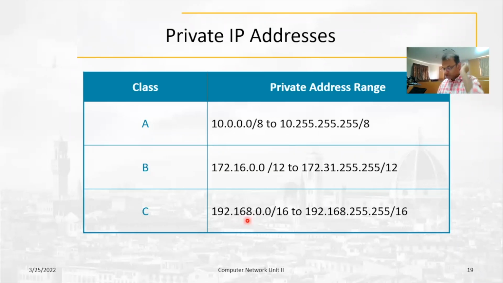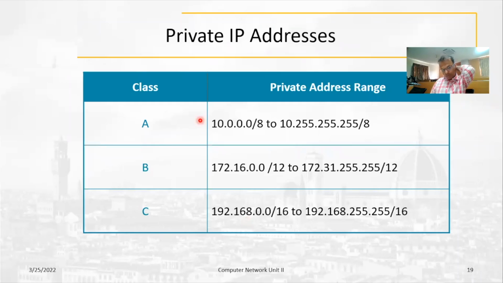Now, one question comes to mind: an IP address is a unique address in the network, right? But how come most of us are getting the same IP address? The answer behind this lies in this slide.